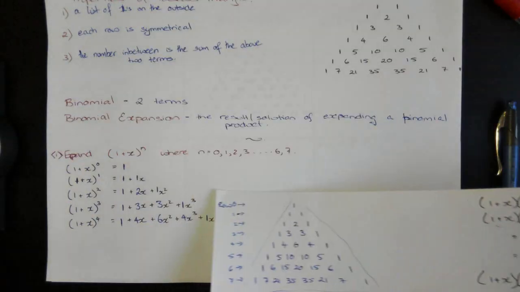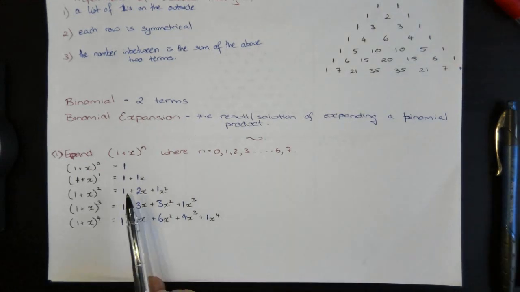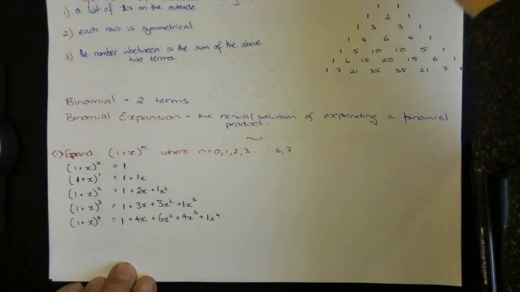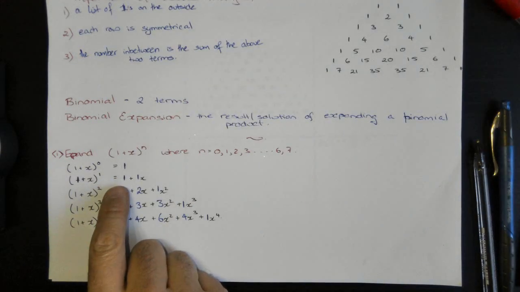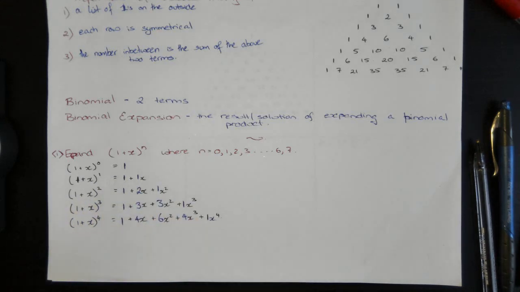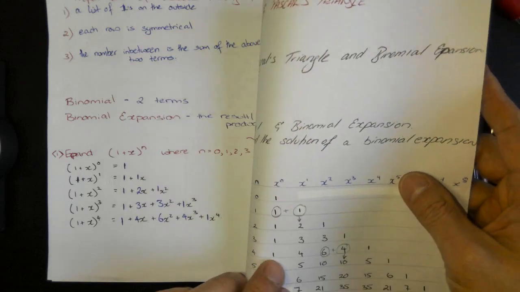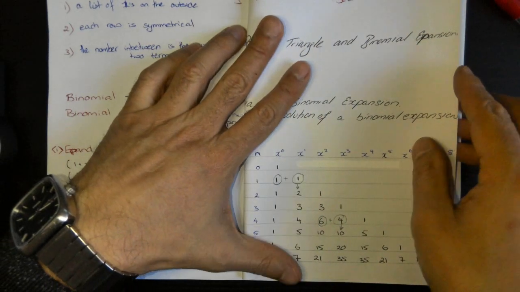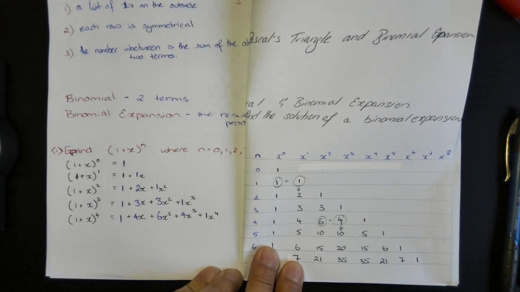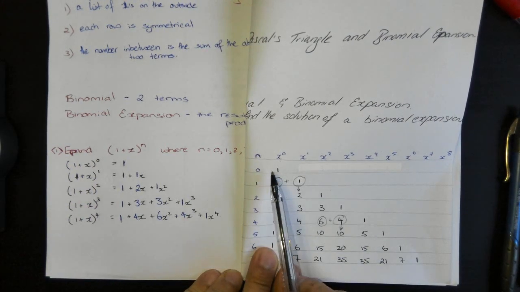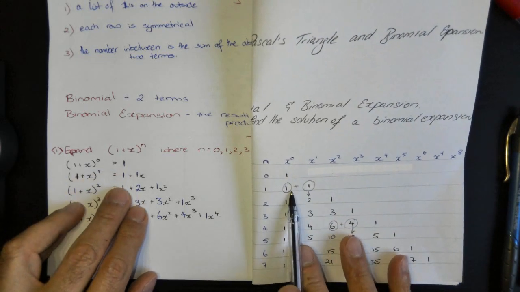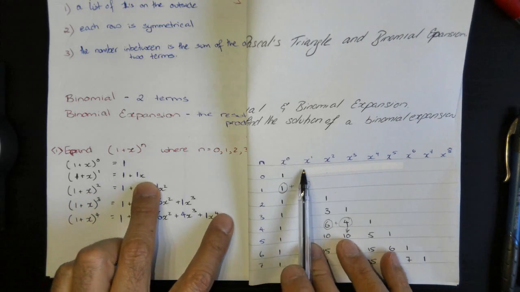And note how I've been writing all my coefficients in a different pen, in blue, okay? Have a look at this: 1, 1, 1, 1, 2, 1, 1, 3, 3, 1, 1, 4, 6, 4, 1. And that actually marries what I've written in this table. No x to the power of zeros, and there's none there. We get 1 plus 1x.